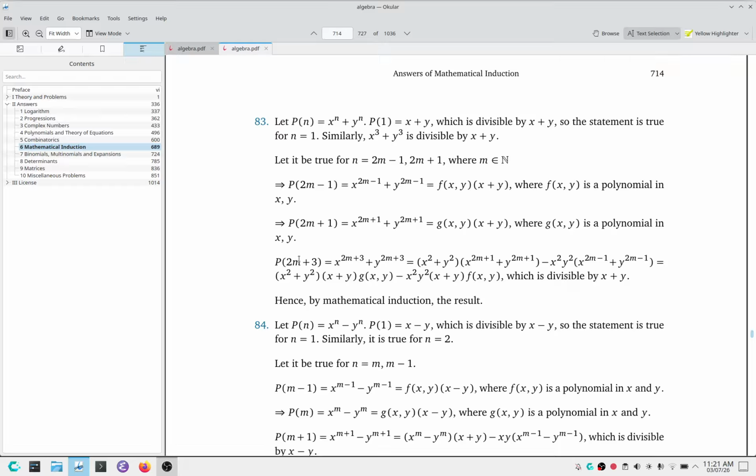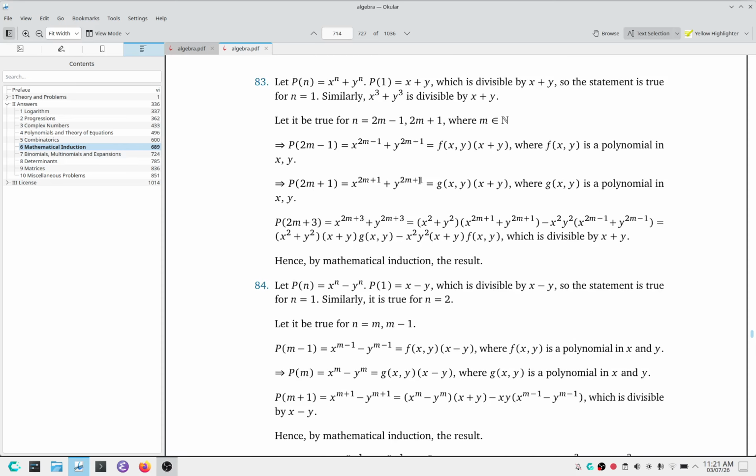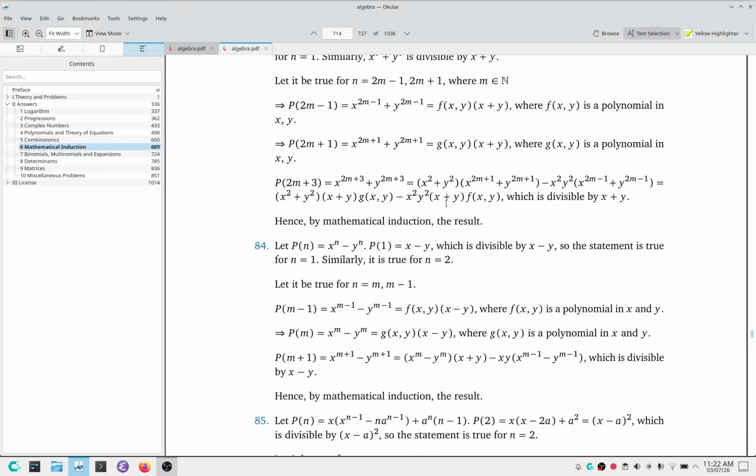Now we compute for 2m plus 3, so we have this result, and upon expansion we find that this is equal to (x squared plus y squared) times (x plus y) g of x comma y, minus x squared y squared times (x plus y) f of x, y, which is divisible by x plus y, and hence by induction we have the result. So it is not a very straightforward question, as you have to assume twice for this. Therefore you need to pay attention to the solution to arrive at the result.